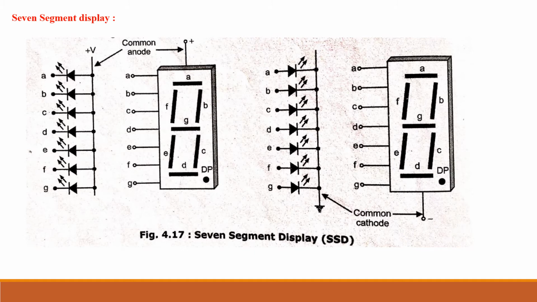As shown in the diagram, in the common cathode display, the cathodes of all the LEDs are connected together to ground, and the anodes are defined as A, B, C, D, E, F, G. In the case of the common anode display, the anodes of all LEDs are connected to positive voltage, and the cathodes are defined as A, B, C, D, E, F, G.